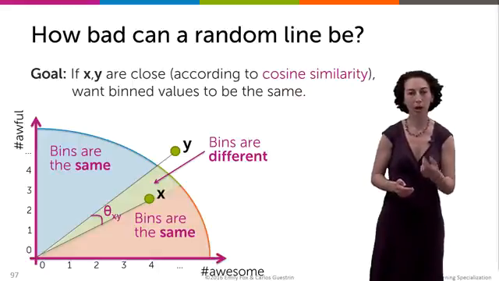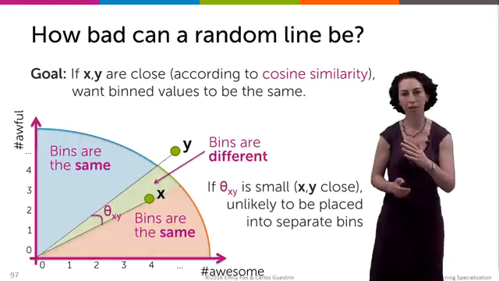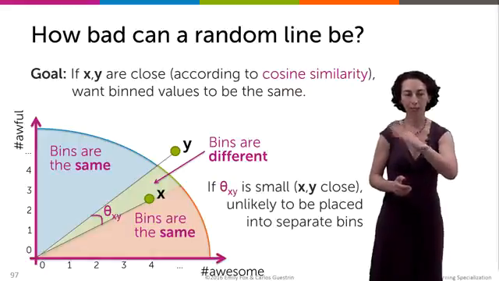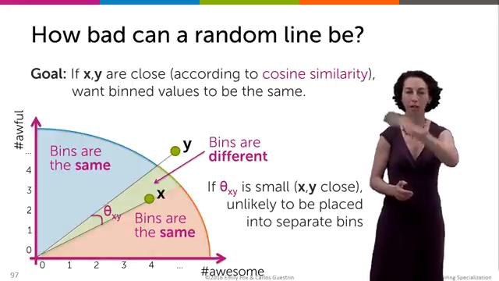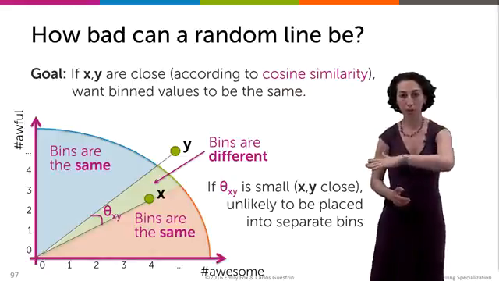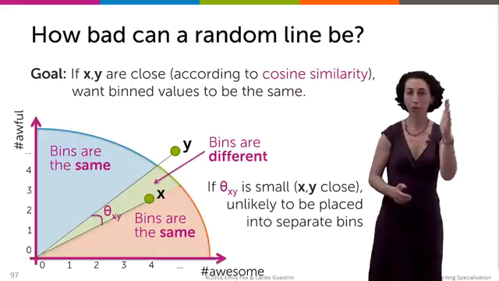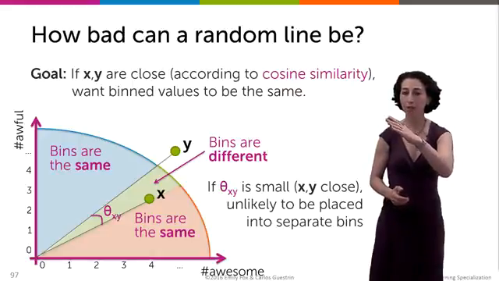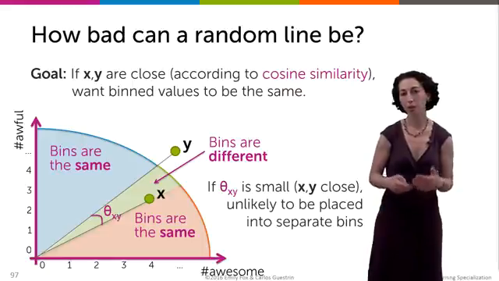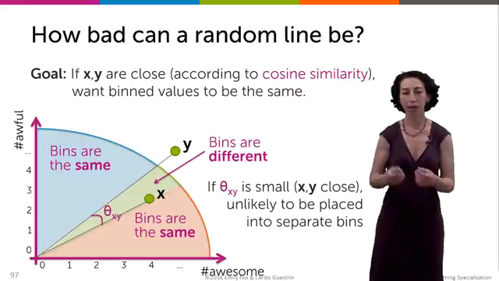Well, if theta xy is really small, then there's just a small chance that a random line placed, let's say, uniformly at random from 0 to pi over 2, is going to fall within that theta range. So what that means is that there's just a small probability that x and y are going to be put in different bins.